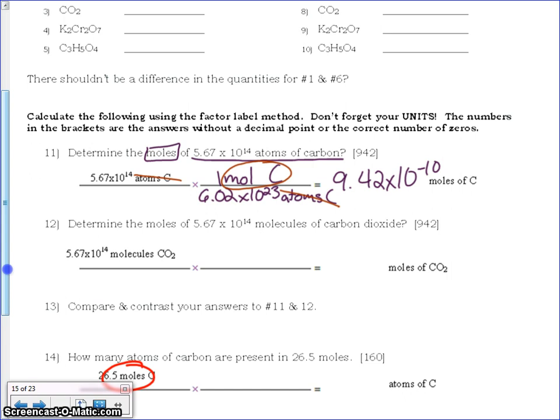Now, let's take a look if we were instead looking at molecules of CO2. In this case, I'm going to be dealing with a much larger particle, but the moles and molecules relationship is exactly the same because it's a particle not based on the particular substance. My conversion factor is identical.